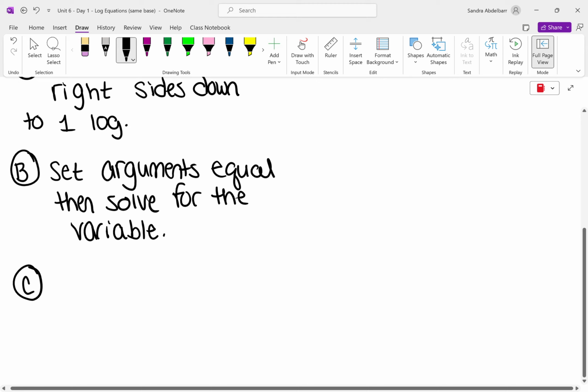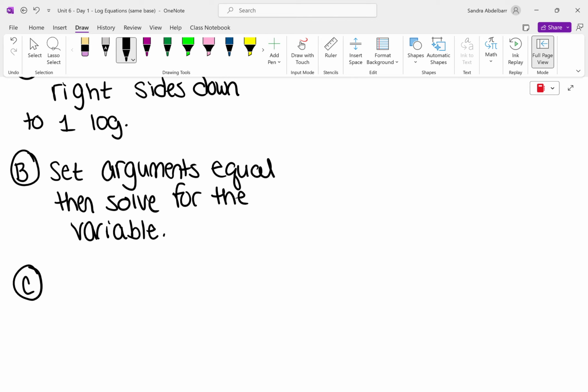And the pain in this process is after you get your values for the variable, you have to check for extraneous solutions. You have to check for solutions that do not work out.